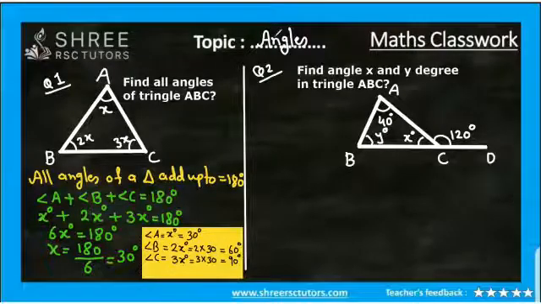Now let's try to do the next question. Here, find angles x and y degree in a triangle ABC. How can we do this question?